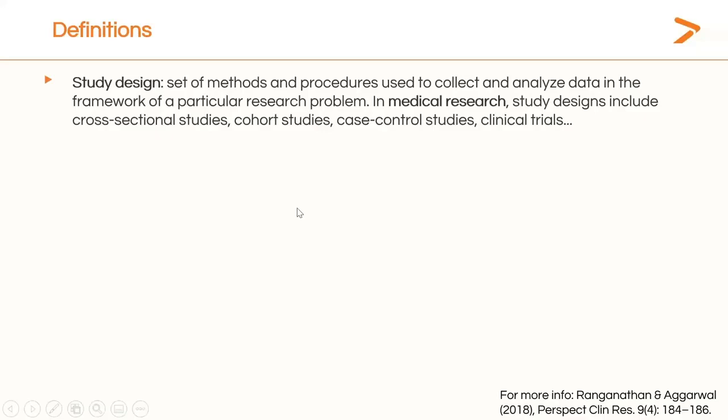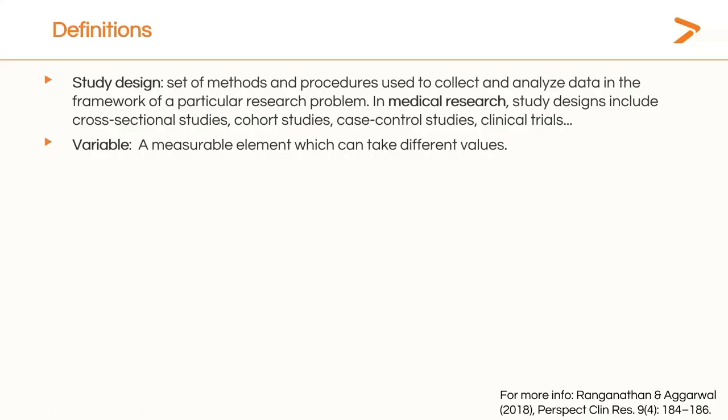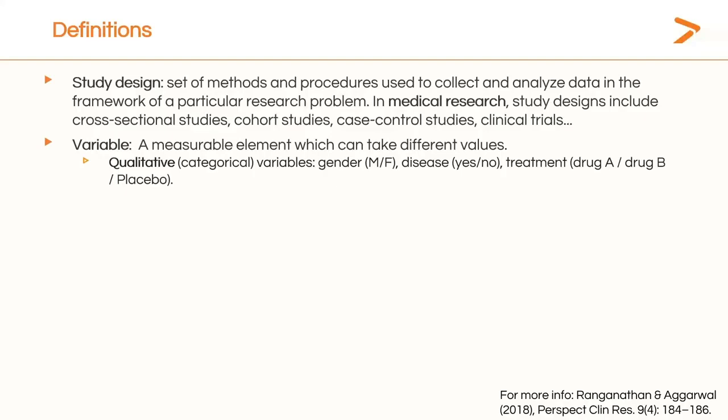Now, there's a word I'll be repeating quite often during this webinar. It's variable. What is a variable? A variable is a measurable element which can take different values. Variables include roughly 2 kinds: qualitative, which we also call categorical, and which we cannot express in terms of numbers, which we cannot quantify.